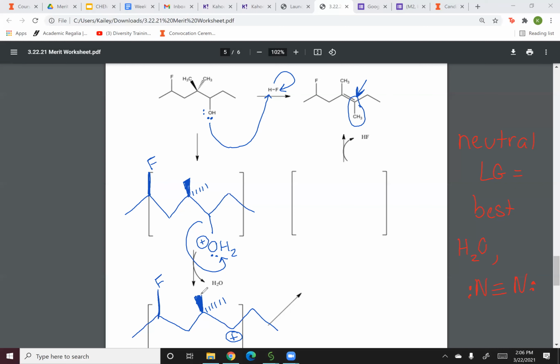I can choose either of these methyl groups. It doesn't matter which one. They're identical. And I'm going to draw an arrow, starting at that bond and moving it onto the carbocation. That was ugly, so we're going to do it again. We're just going to point it to the carbocation like that. And then I'm going to generate my new structure.